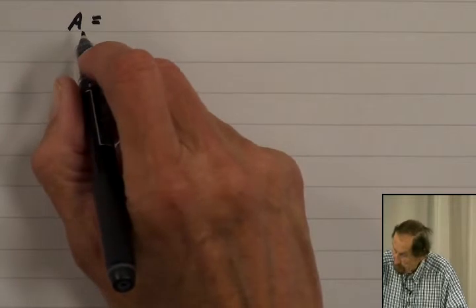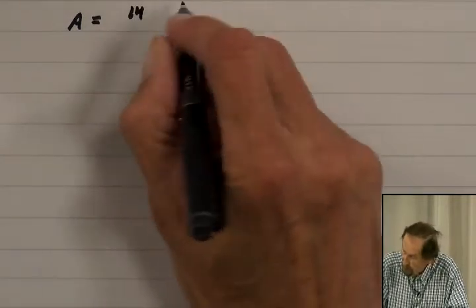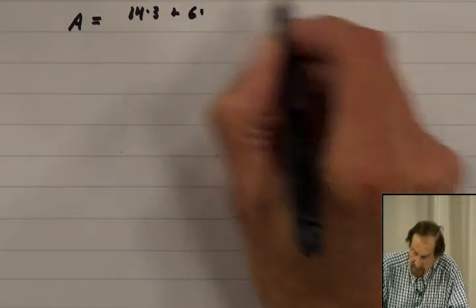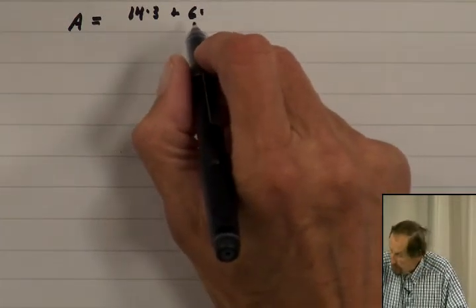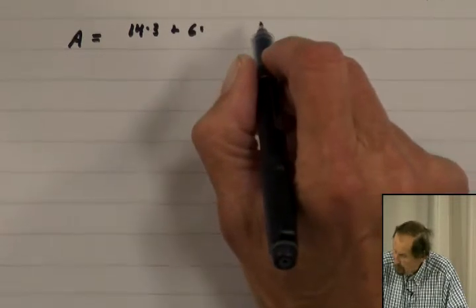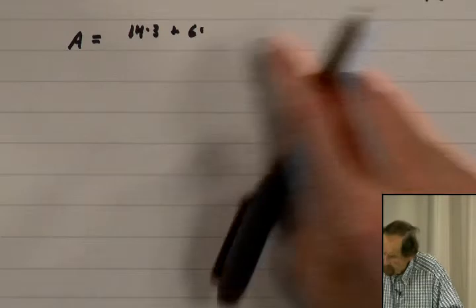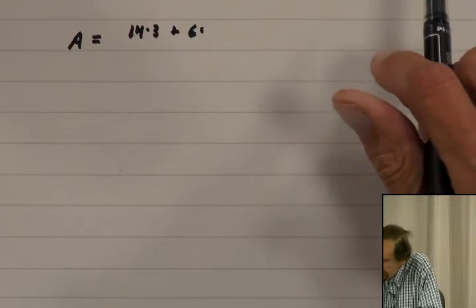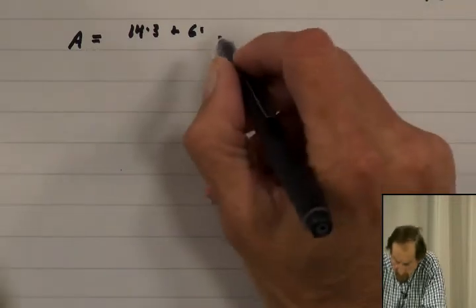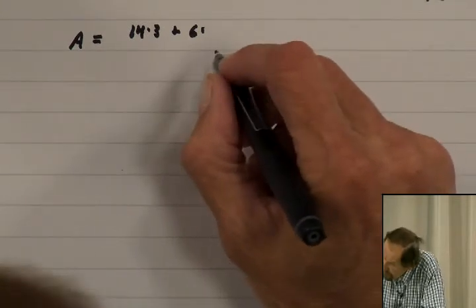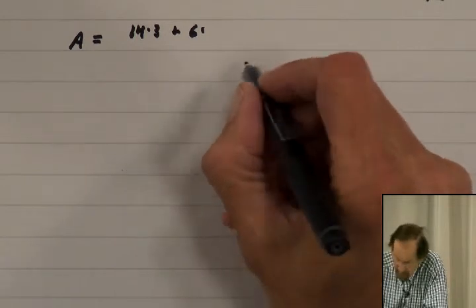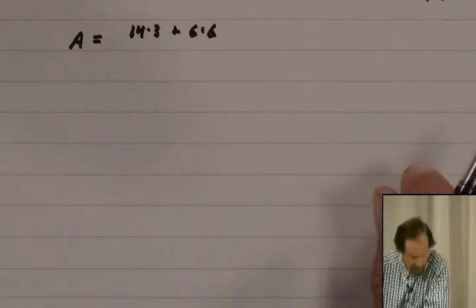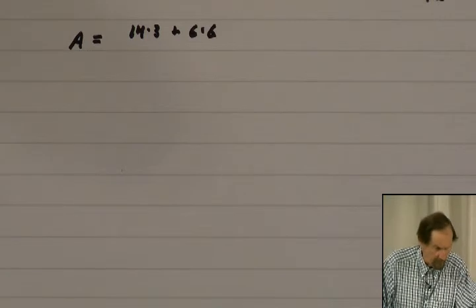R bar 1 is 14, sigma 2 is 3, plus R bar 2, which is 6, times sigma 1, which is 6. Let me make sure I have the right data here. I think I have the wrong data for some reason.